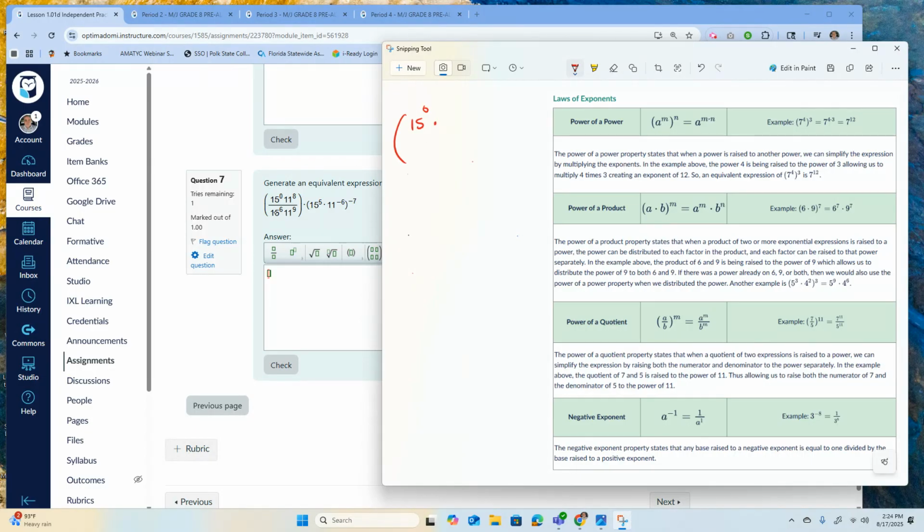When you see two numbers together like you see there, that means times. 11 to the 8 power over 15 to the 6 power times 11 to the 9 power, close the parenthesis, times, now the other parenthesis, 15 to the 5th power times 11 to the negative 6 power, close the parenthesis, the whole parenthesis is raised to the negative 7 power.